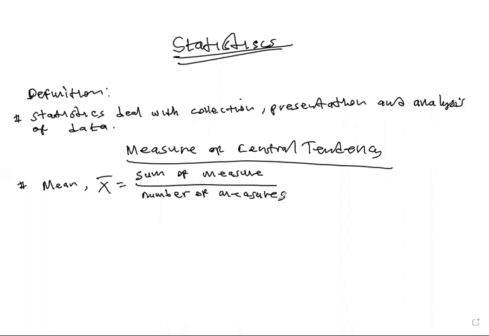The sum mathematically is denoted by this symbol, sigma xi over n. So if you've got n variables, it means you're summing up to n, i equal to 1 of xi divided by n, because we've got n variables.